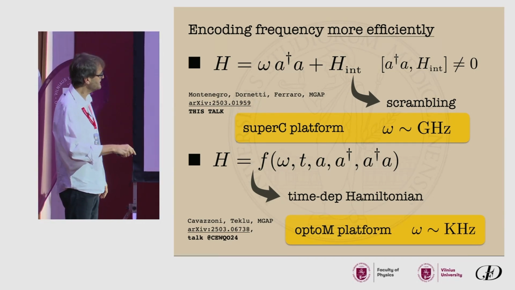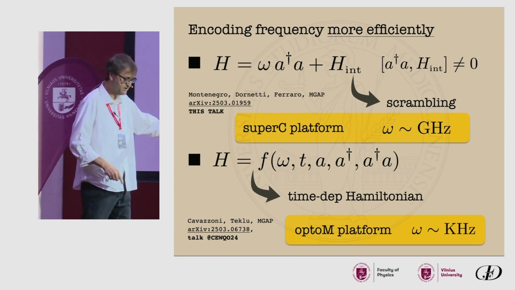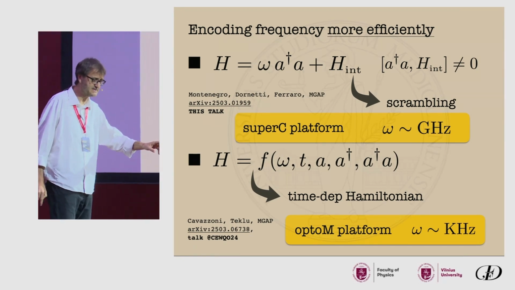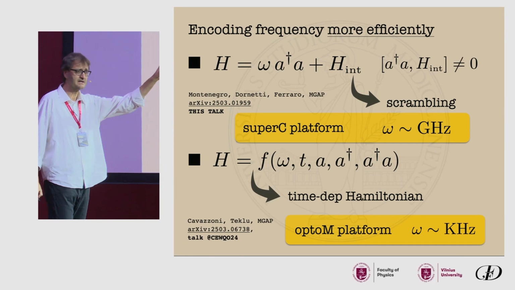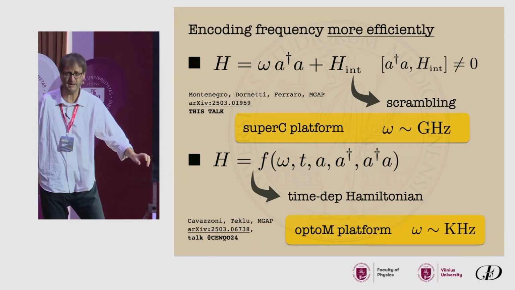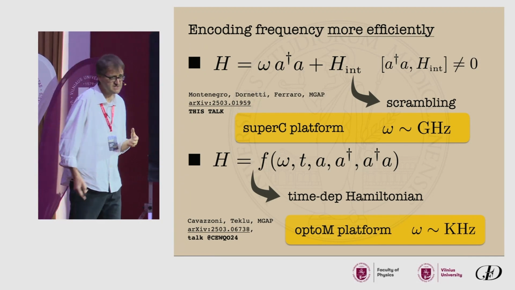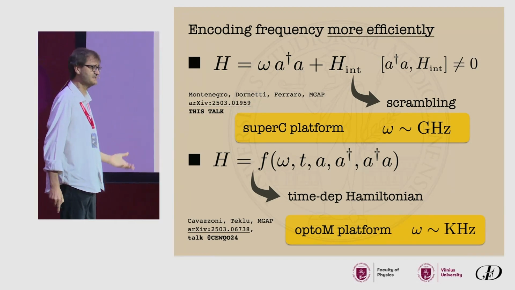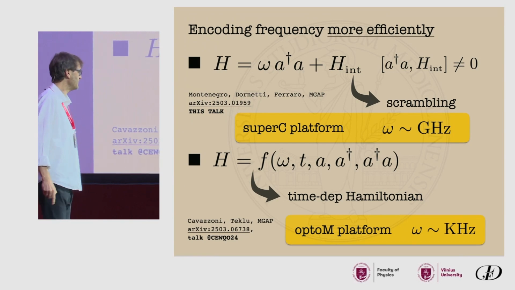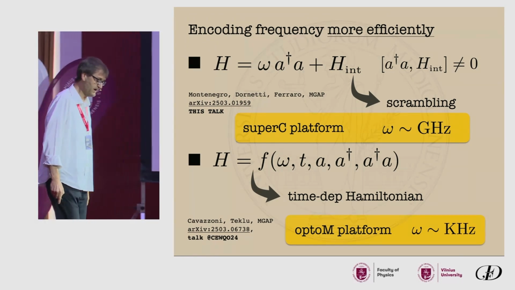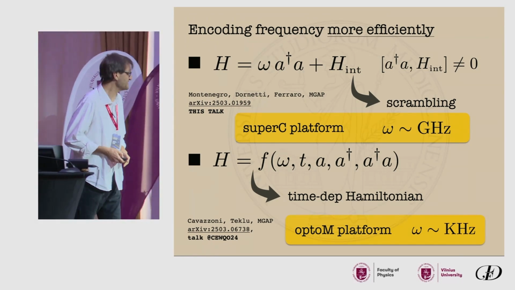You have some unknown frequency, you perform a sudden jump in frequency, then you let it evolve, and then go back to the original frequency, which is unknown. This produces squeezing and makes the estimation of frequency more precise.